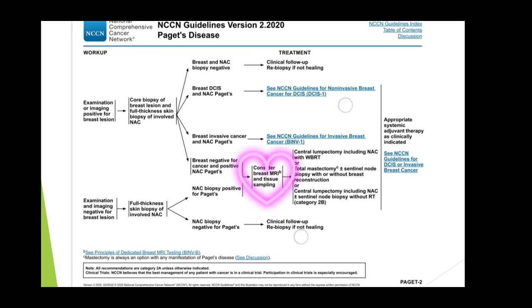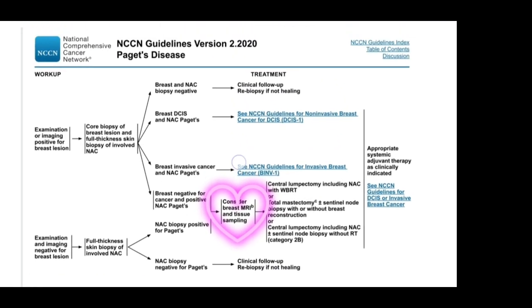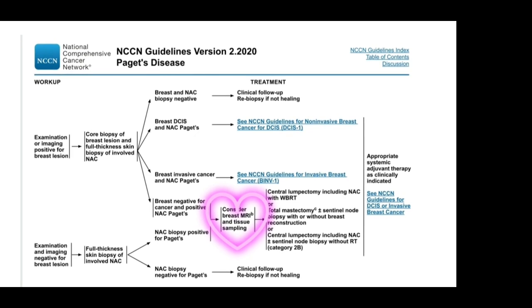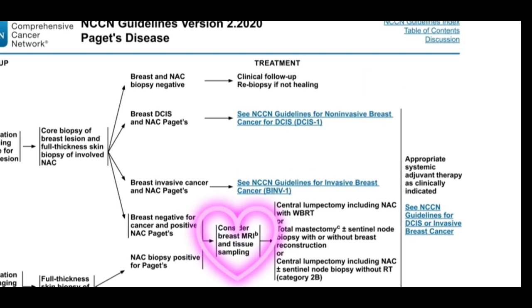As we see here, if the patient has Paget disease, we have multiple possibilities. If there is invasive breast cancer with nipple areolar complex involvement, this condition will be treated like any invasive breast cancer.